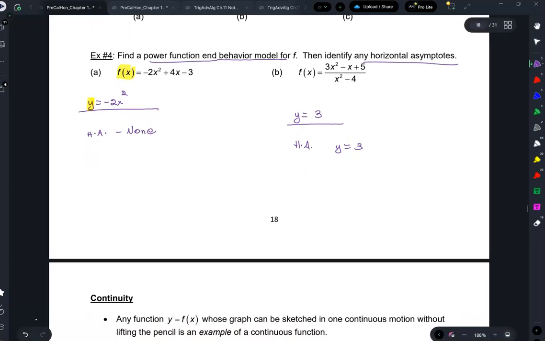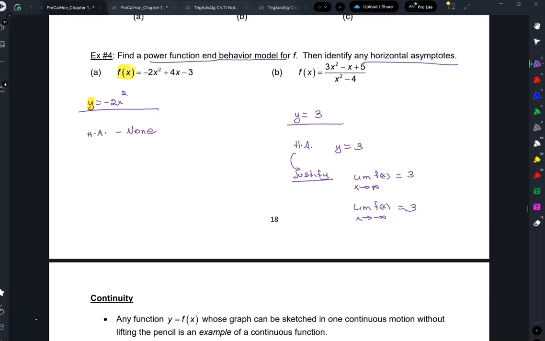And then if I said to justify the horizontal asymptote, you would say the limit of f of x as x approaches infinity is 3. The limit of f of x as x approaches negative infinity, also 3. You should check both ends.